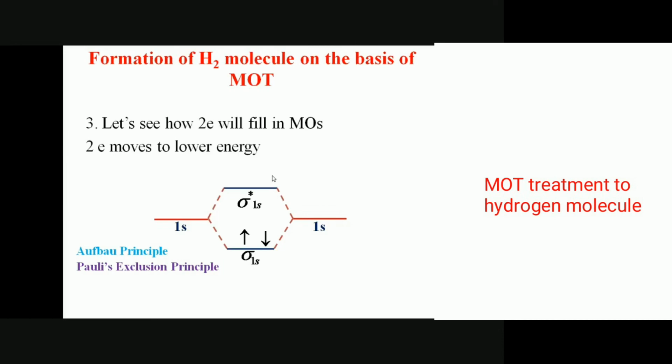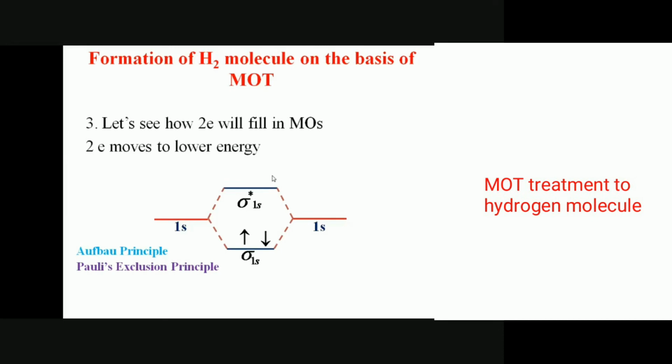The first one is the Aufbau principle, which suggests that the electron should be filled from the lower energy to the higher energy, and accordingly we have filled the two electrons in the bonding molecular orbital because it has lower energy. But when we consider the spin, they should be opposite. This is taken care of by Pauli's exclusion principle.